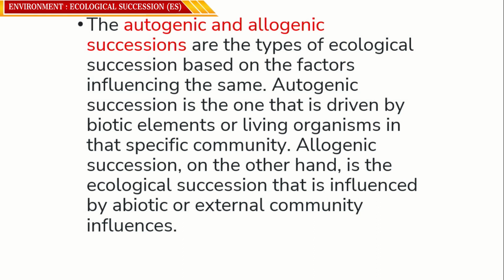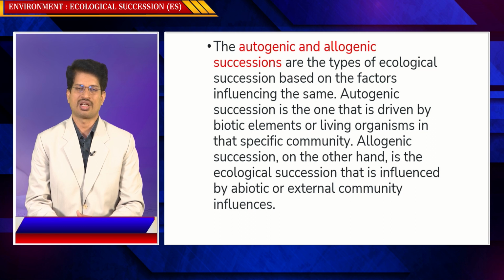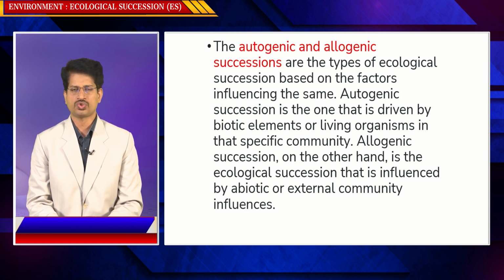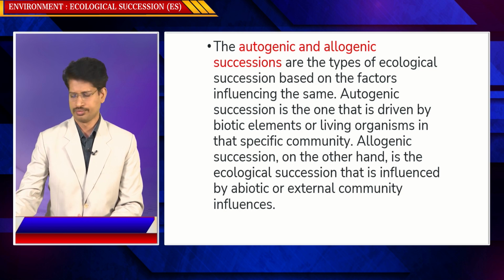Autogenic succession is driven by biotic elements or living organisms in the specific community. Allogenic succession, on the other hand, is influenced by abiotic or external influences. Abiotic means sunlight, water, temperature, soil; these are all abiotic factors.